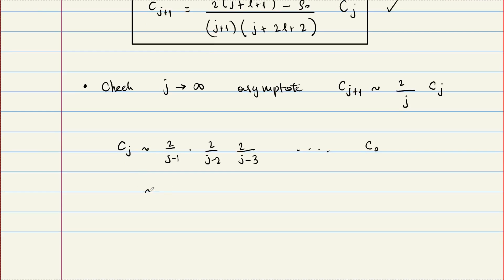And this thing is asymptotically 2 to the j divided by j factorial times C0.